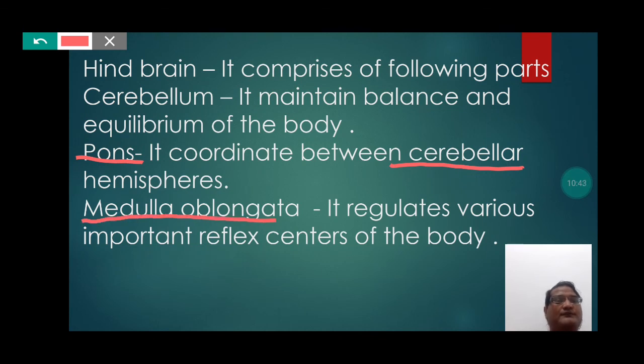Medulla oblongata, it regulates various important reflex centers of the body.